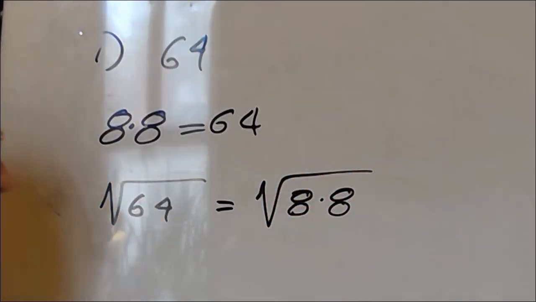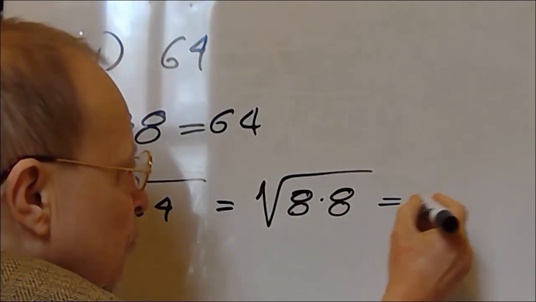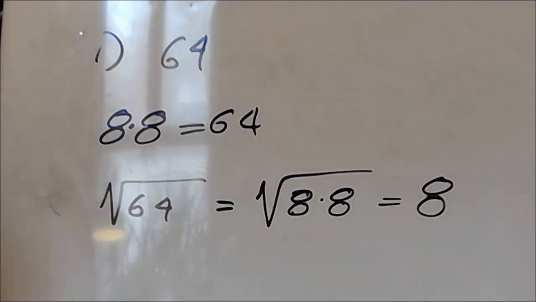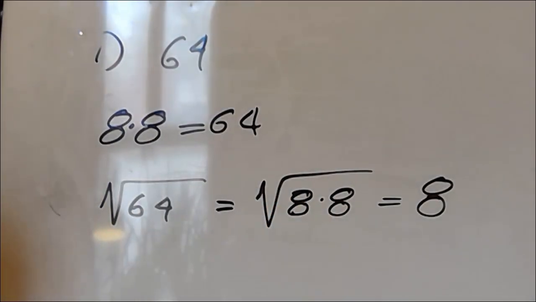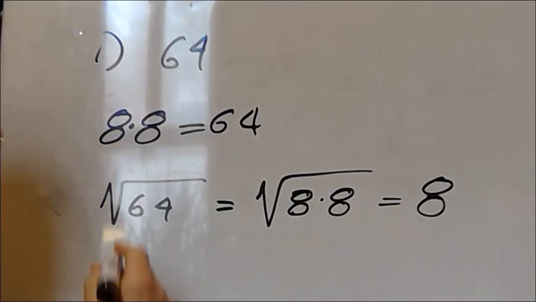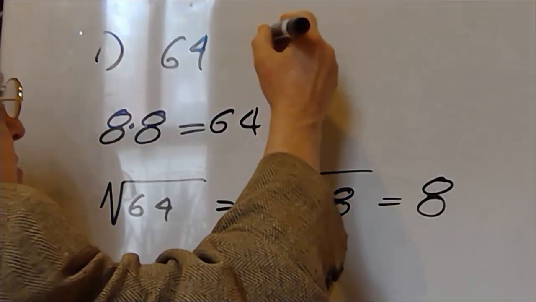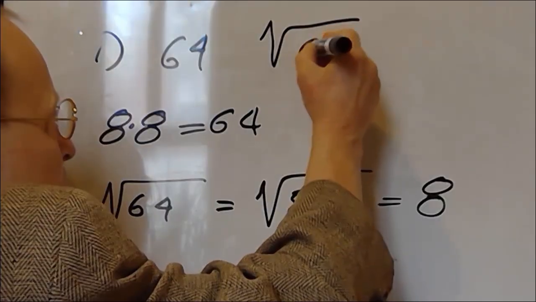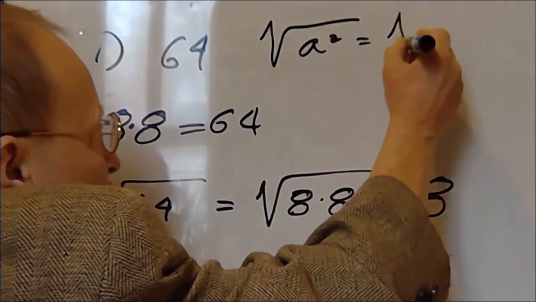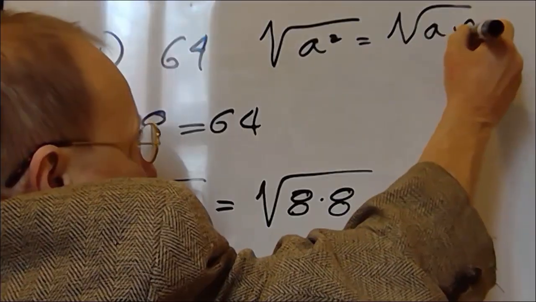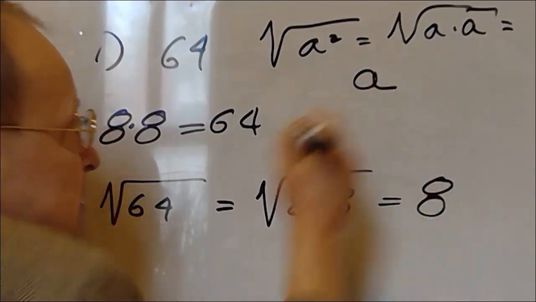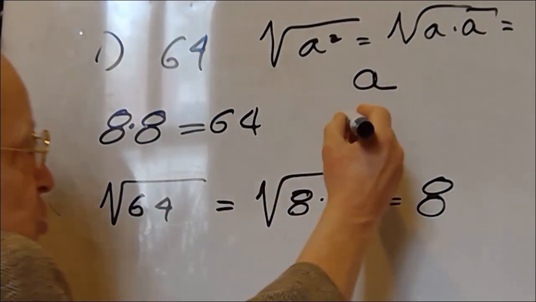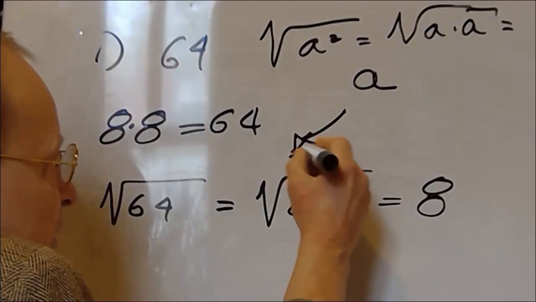And because this is done twice, we end up with 8 as our final answer. By definition, the square root of a squared is equal to a times a, and that will give us a. So that would be our definition and what we are using here.